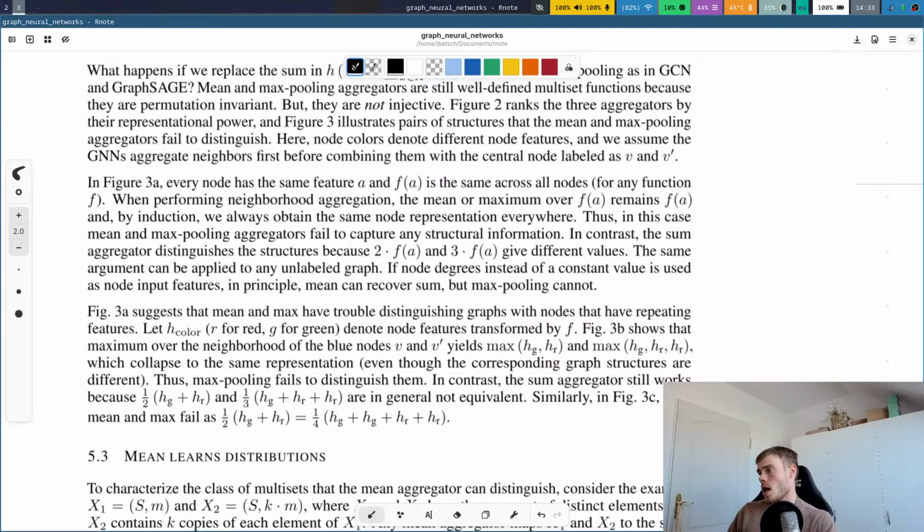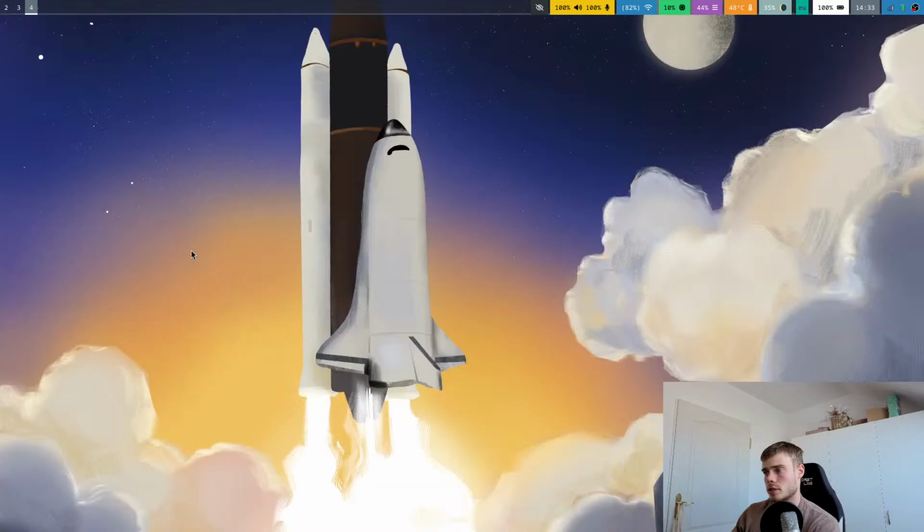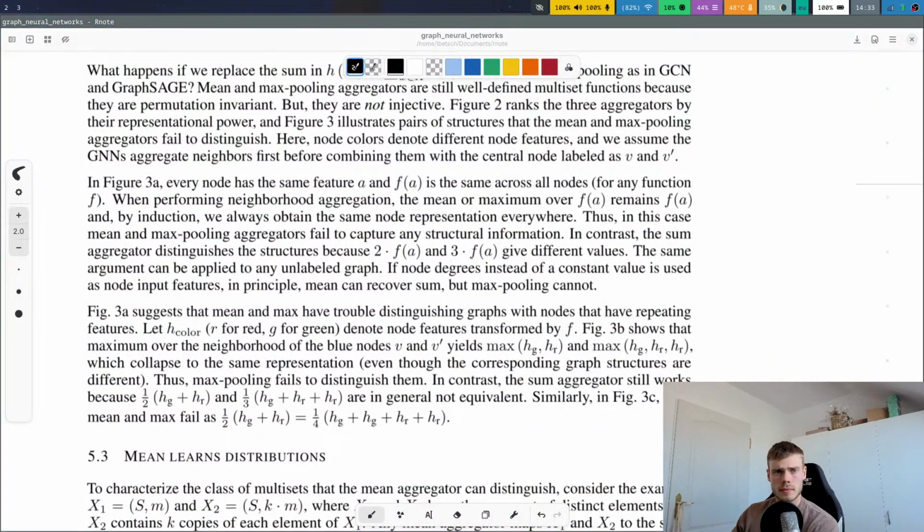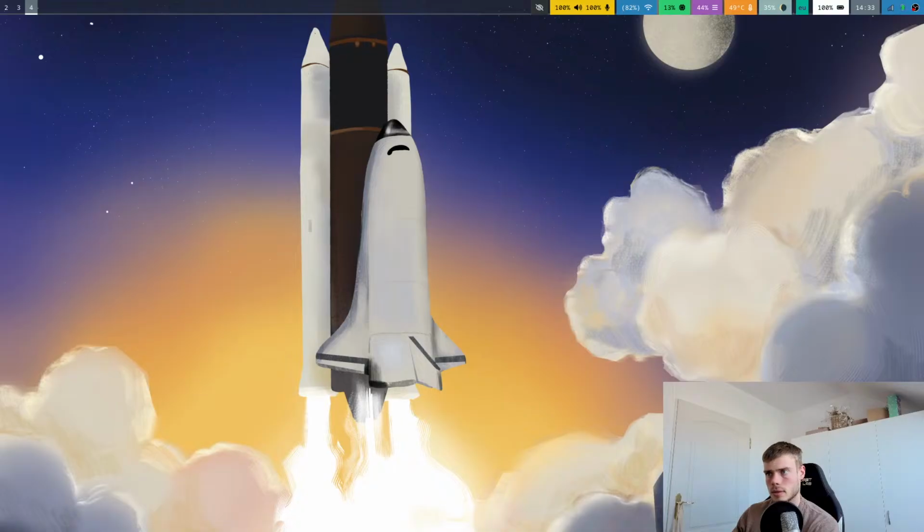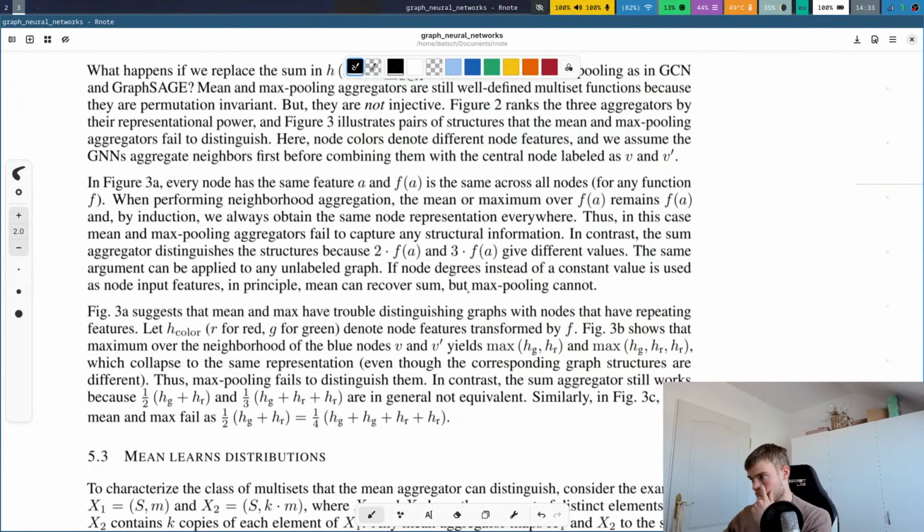We saw this. In contrast, the sum aggregator distinguishes the structures because 2 times f of a and 3 times f of a give different values.